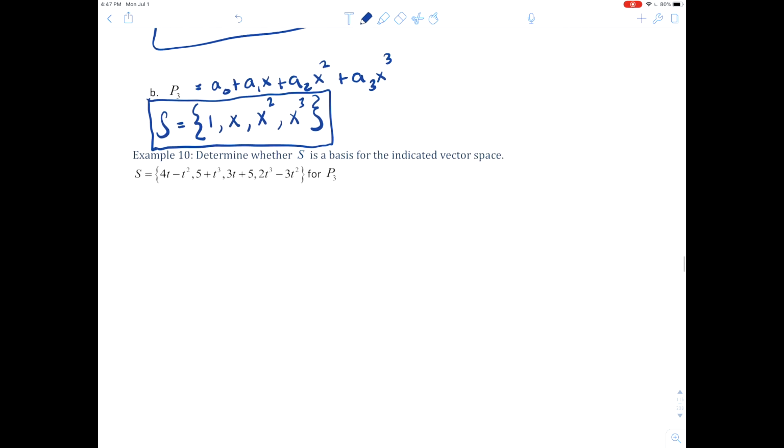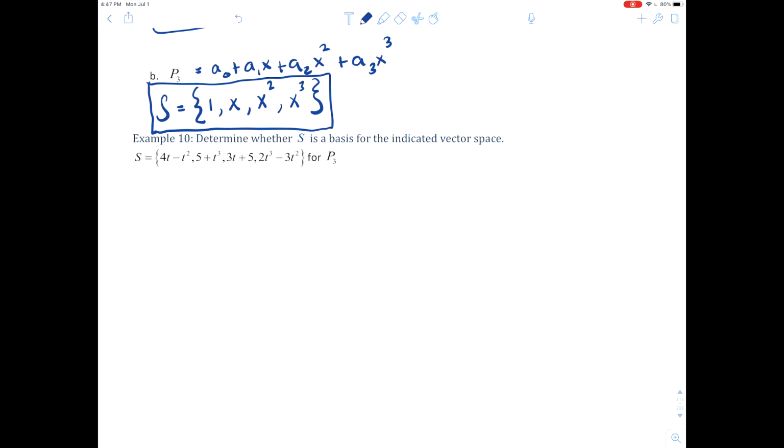All right, so example 10, determine whether S is a basis for the indicated vector space. So let's count how many vectors we have. So there's V1, V2, V3, and V4. So there's 4 vectors in there, and the standard basis for P3 has 4 vectors.